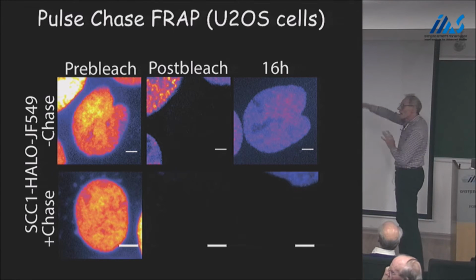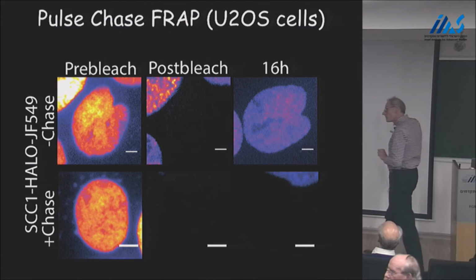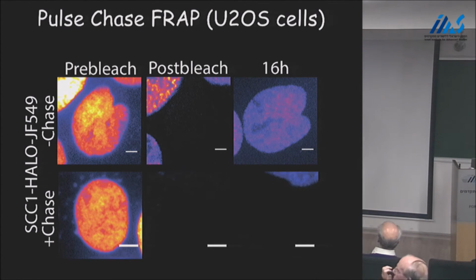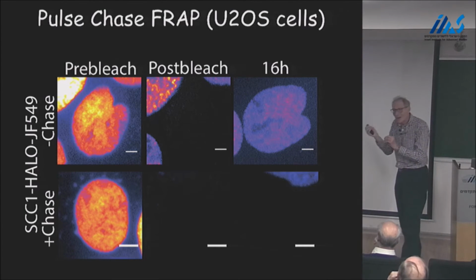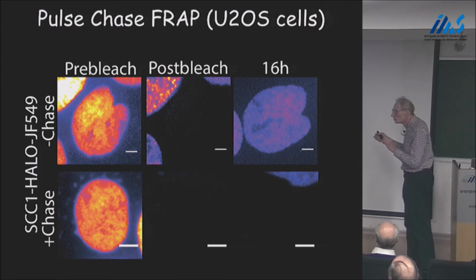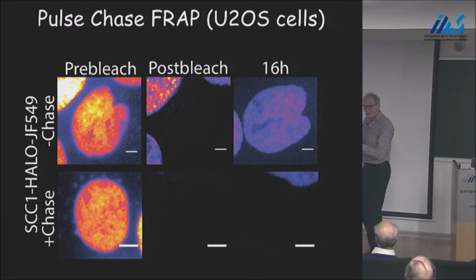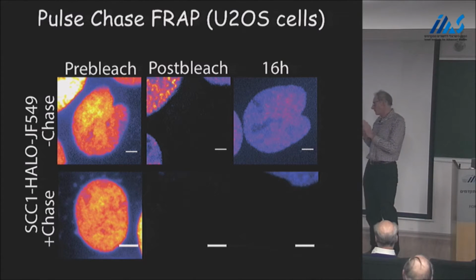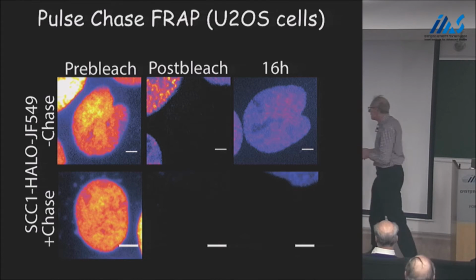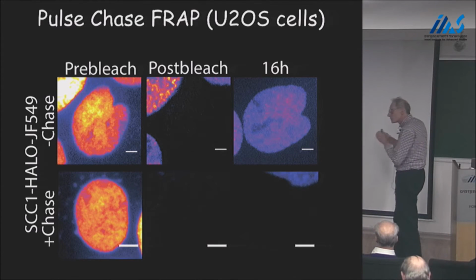Then you wash away the dye, and you come in with the ligand without the dye. So now, if there is any dye lingering around in the cell, which there will be, the unfluorescent ligand will prevent it ever labeling any more protein. So the only protein that's been labeled is the stuff that was labeled during the pulse. It's just like a pulse label experiment.